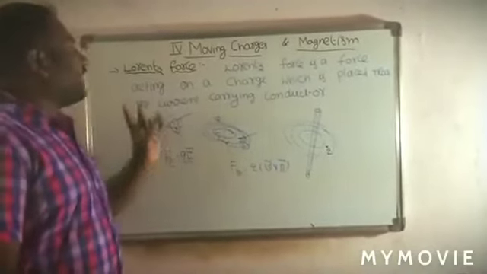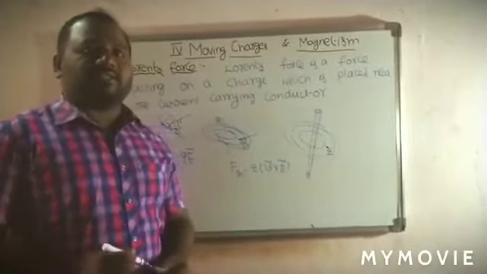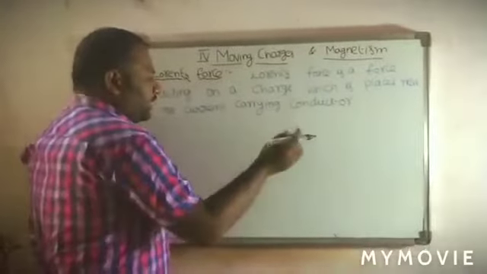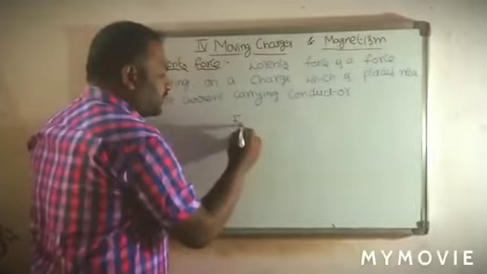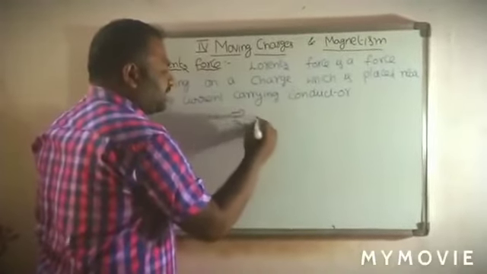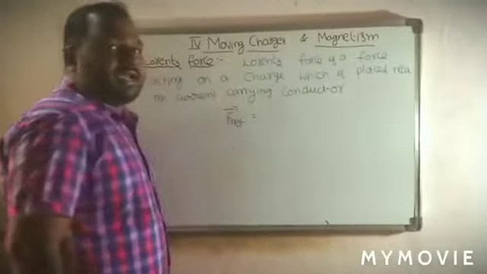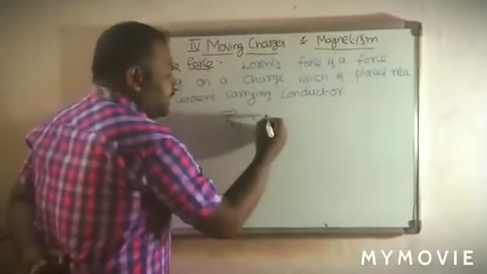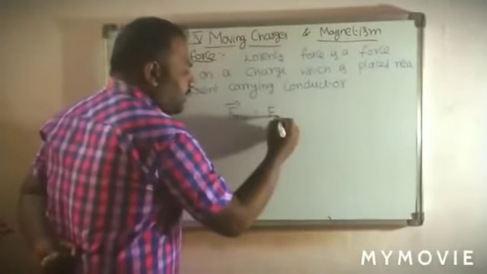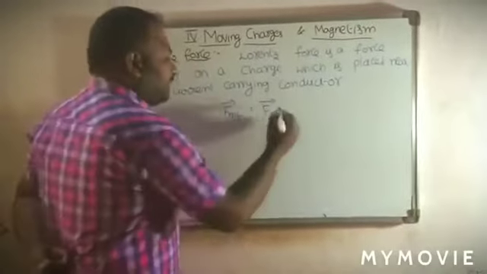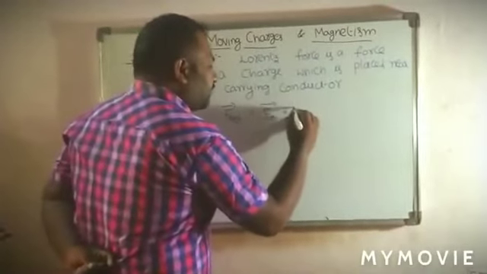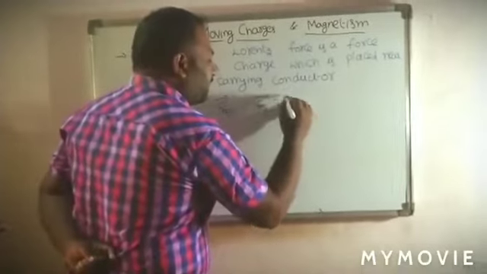Now how do we write the Lorentz force equation? When the test charge is placed nearer to the current carrying conductor, the net force acting on that charge is the sum of the force due to the electric field plus the force due to the magnetic field.